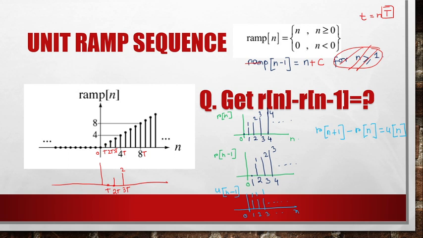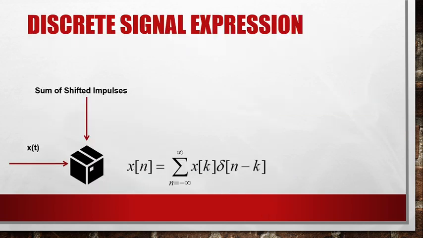So depending on what step you want to generate from a ramp, you can generate the step of your requirement from the values of the ramp. In this way we get the difference equation, and from the difference equation of two ramps we get the unit step.